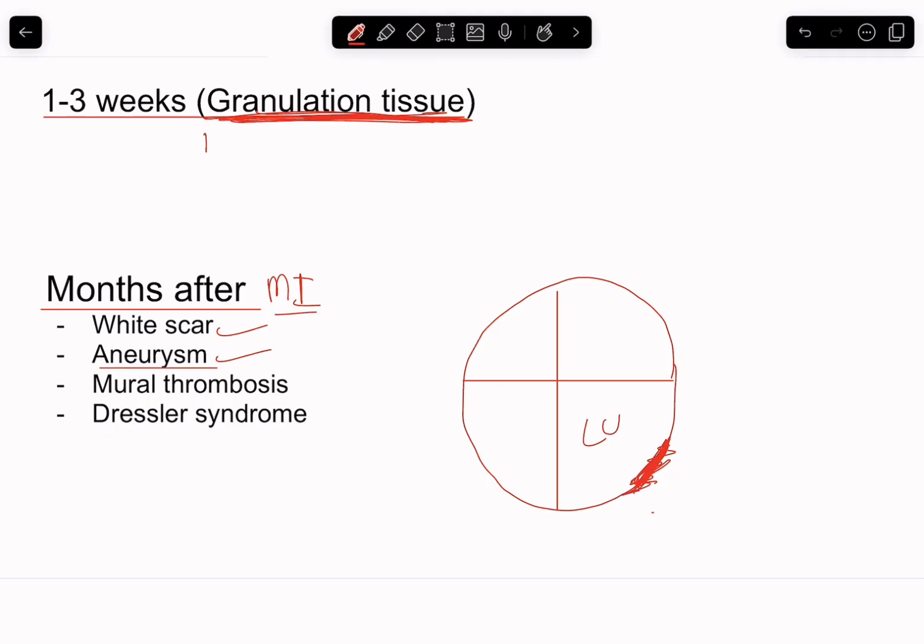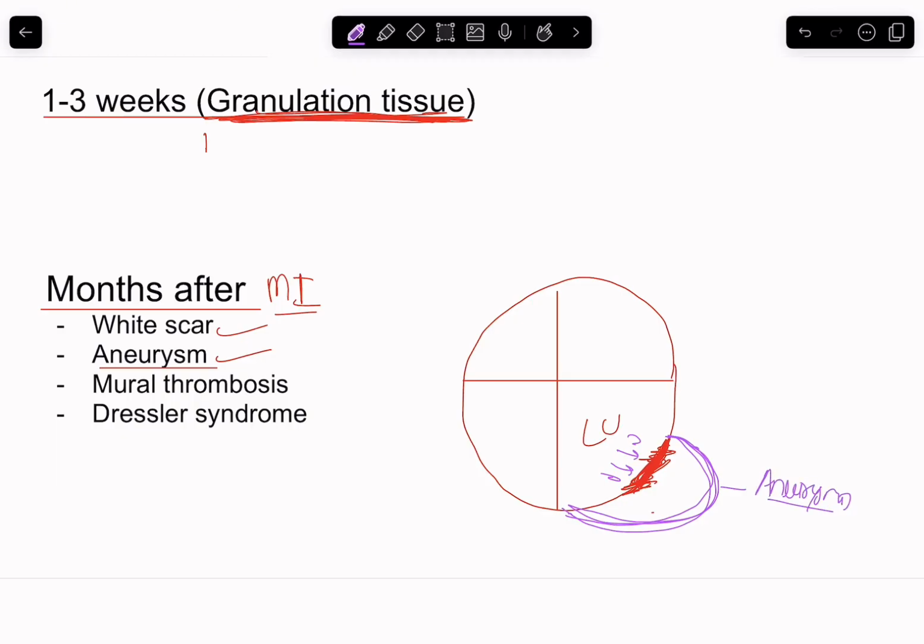This newly healed scar part of the left ventricle is not as strong as its original counterpart. So this will eventually undergo weakening and dilatation. This is like a balloon. So when there is blood pressure here, the scar is not that strong, so this tissue will undergo ballooning. This is what we call aneurysm.